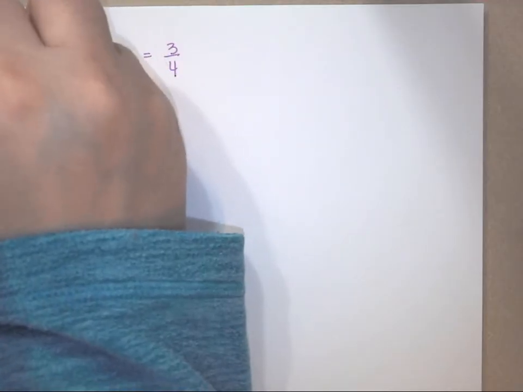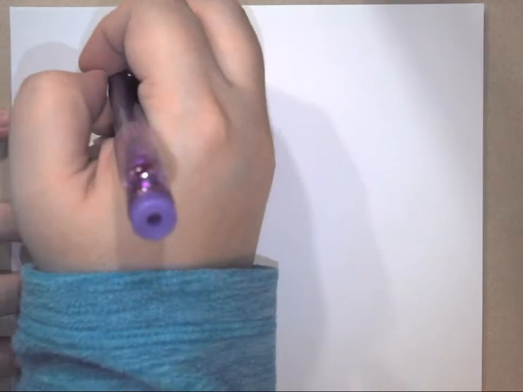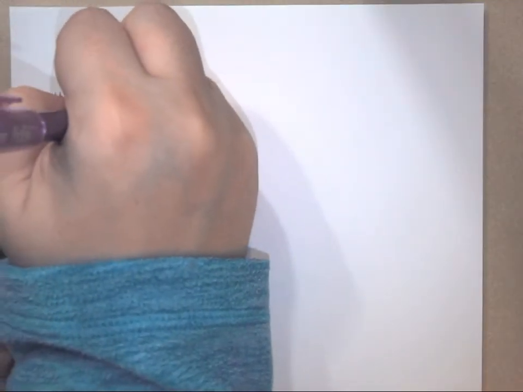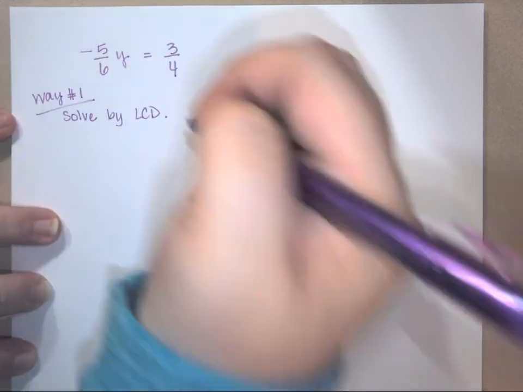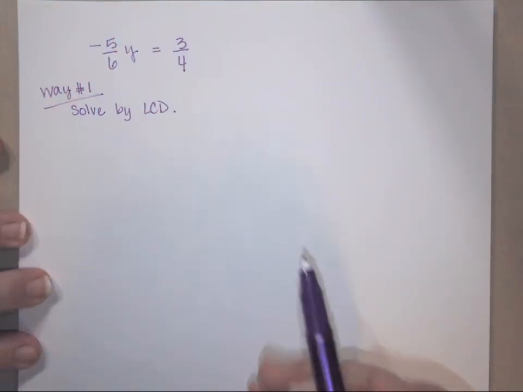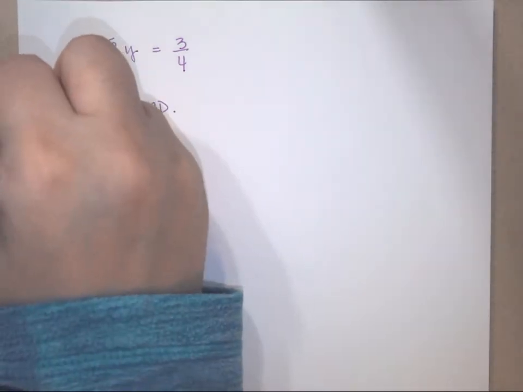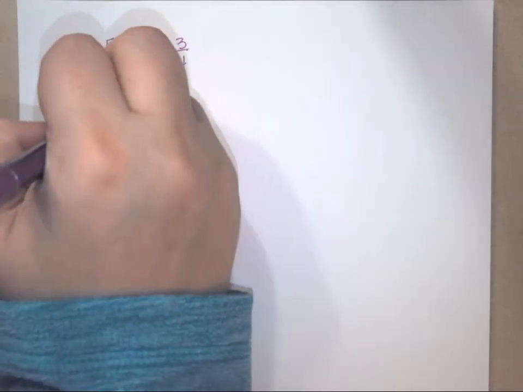So the first way, way number 1, we are going to solve by lowest common denominator. So I have a 6 and I have a 4. In this case, my LCD is going to be 12.